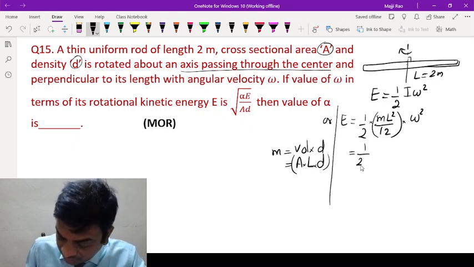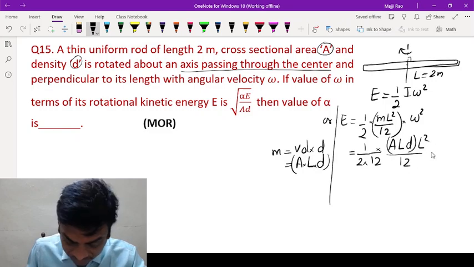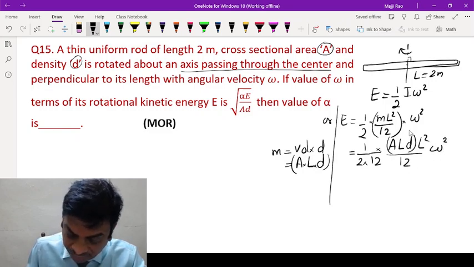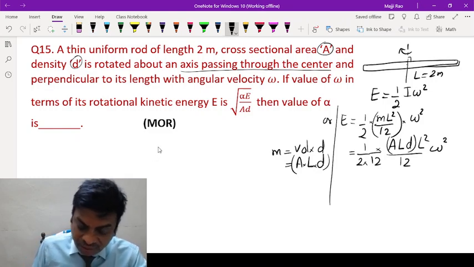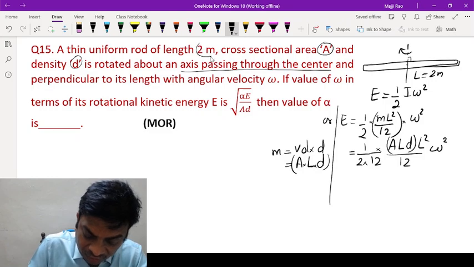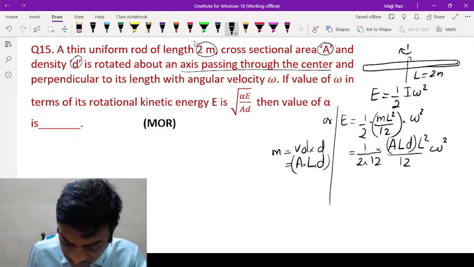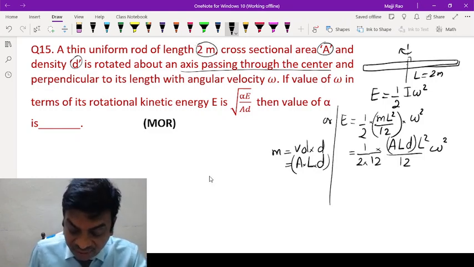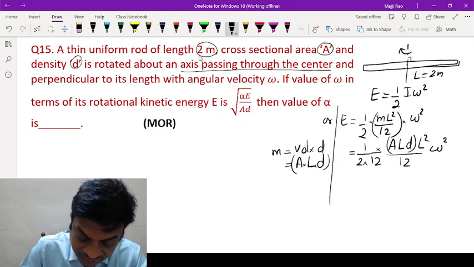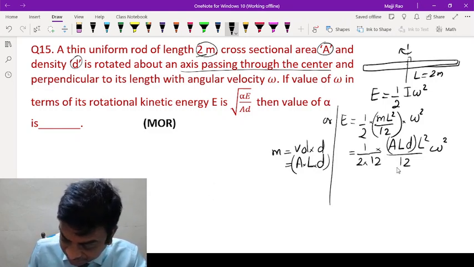So we have half into 12, mass is A L D, L square by 12. I hope we are proceeding in SI unit. Anyway, units have not been mentioned anywhere, but since the length of the rod is given as 2 meters, hopefully we have to get the result in SI unit. So let us substitute the value of L equal to 2 here.